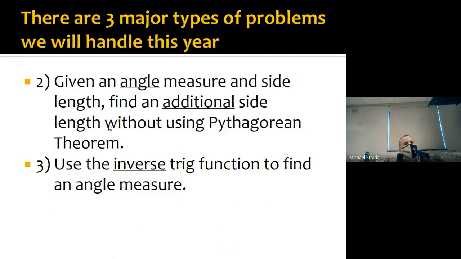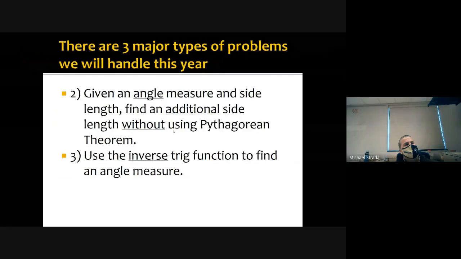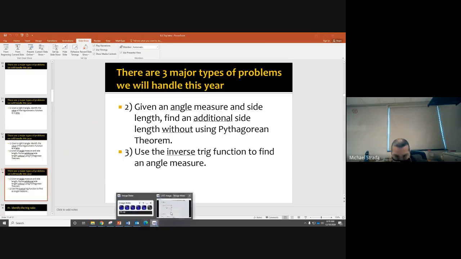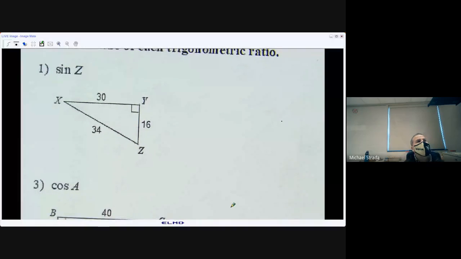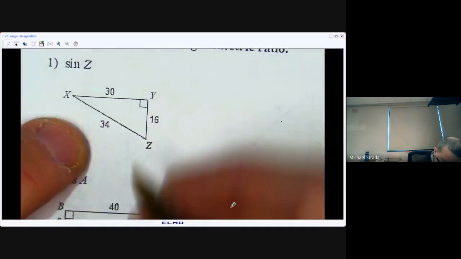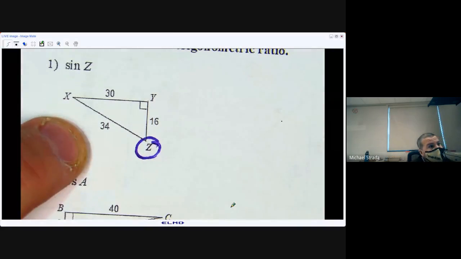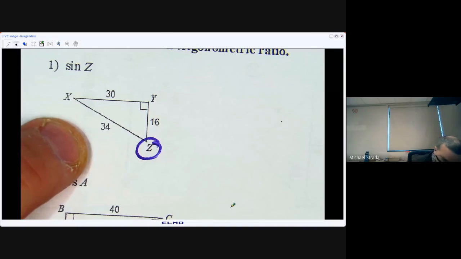Okay, so step number 1 is to find the value of a trig ratio. Number 1 says sine z. All right, so here's z. Sine is opposite over hypotenuse.